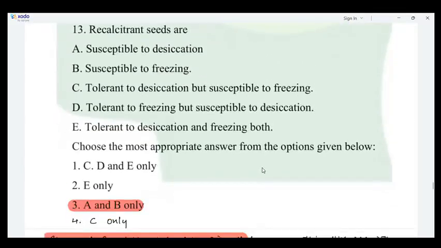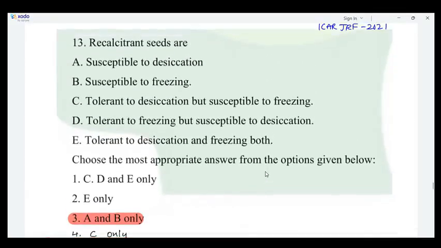We have another question related to recalcitrant and orthodox seeds. Just try to answer this question.